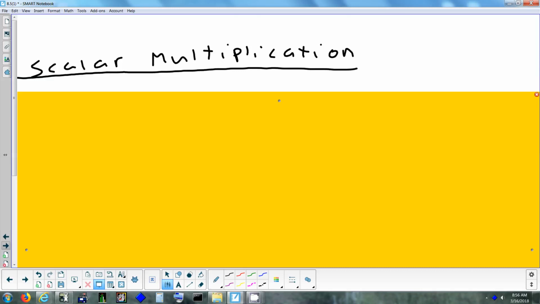All right, it has something to do with lengths, yeah? So it has like a constant factor. Like a scale factor? Yeah. So what does a scale factor do to like a drawing or an object?